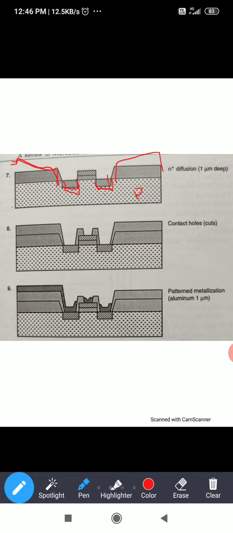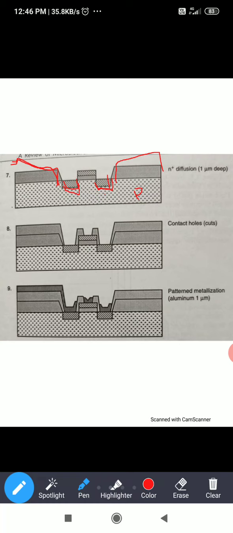This diffusion is achieved by heating the vapor to a high temperature and passing a gas containing the desired n-type impurity material.